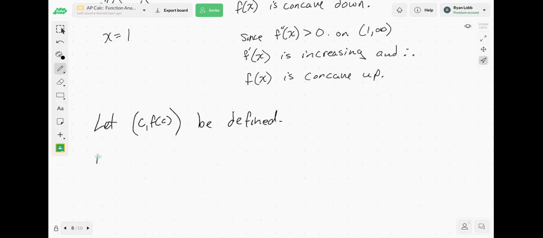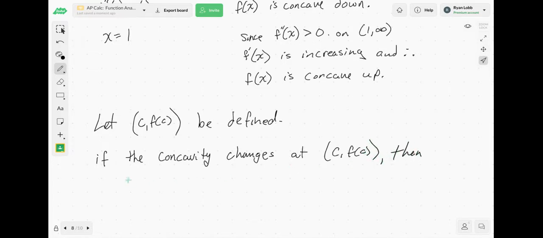And then we're going to simply say if the concavity changes at c, f of c, then c, f of c is a point of inflection. Okay, so that's what a point of inflection is. It's where your concavity changes.